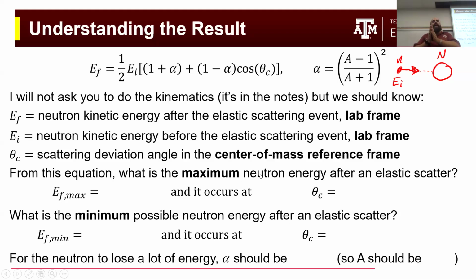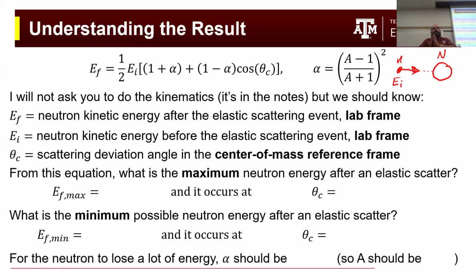So if it comes in with an energy EI, it has a scattering event, and we basically want to ask the question, what's the most amount of energy that the neutron could have after that scattering event? And what angle would that correspond to?